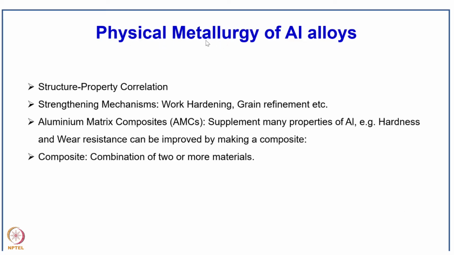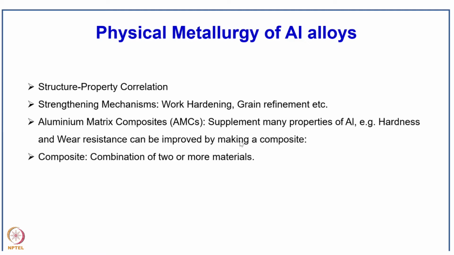We have learned about different concepts with regard to the physical metallurgy of aluminum, and we have also understood the structure property correlation. With regard to that, we have also discussed different strengthening mechanisms for aluminum alloys, starting from work hardening to grain refinement. So all this we have discussed in past several classes.